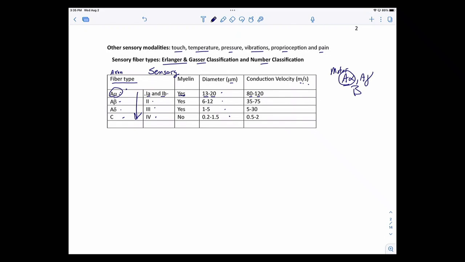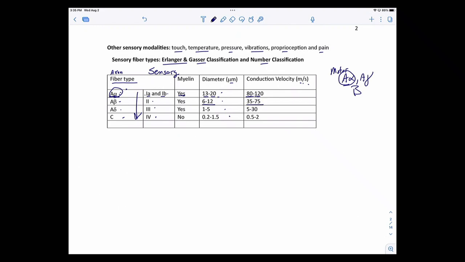So the most heavily myelinated fibers are going to be your A alphas, and again 13 to 20 in diameter, and the action potential propagation velocity is going to be from 80 to 120 meters per second. And then if you go to the next level, A betas, their myelin is a little less thick, their diameter is a little less, and their velocity is a little less.